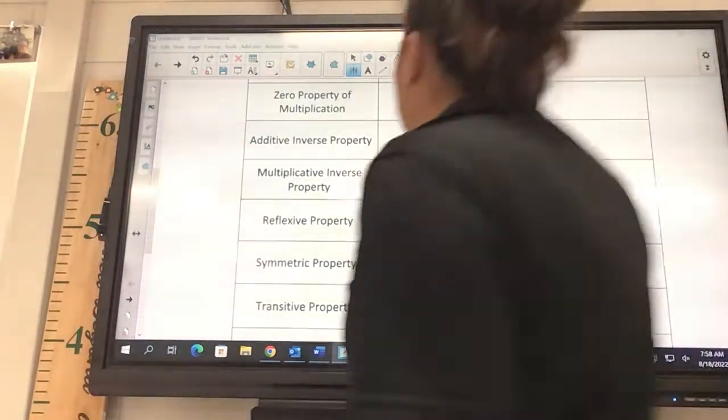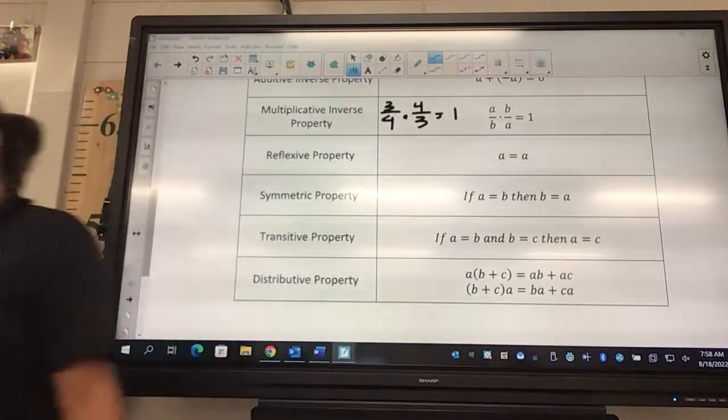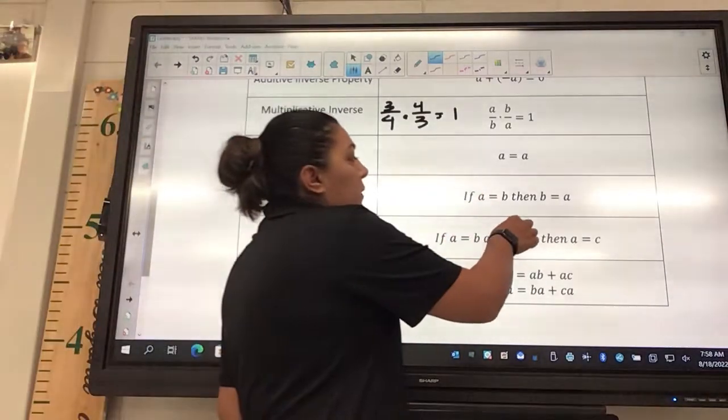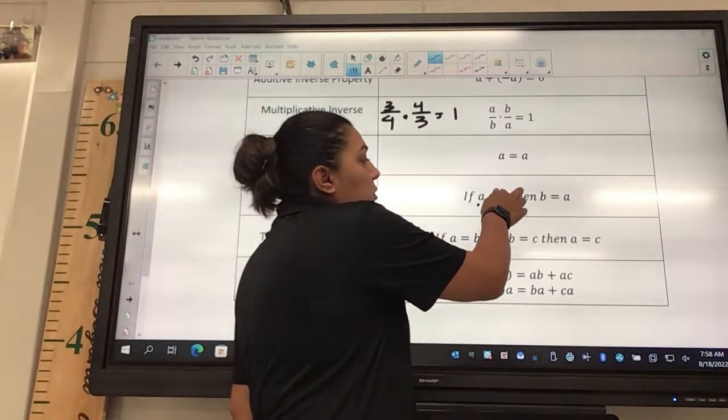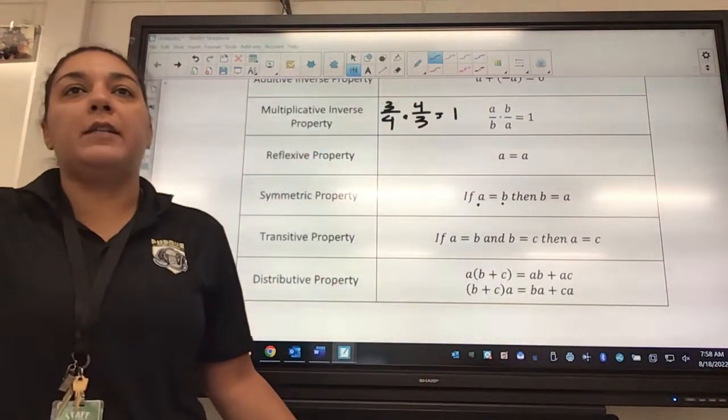Okay, reflexive property, when A equals A. 10 equals 10. Is that a true statement? Is 10 10? Yeah. Is 10 equal to 9? No. The symmetric property says if A equals B, so if 10 equals 10, you can do that the same way. 10 is still equal to 10.